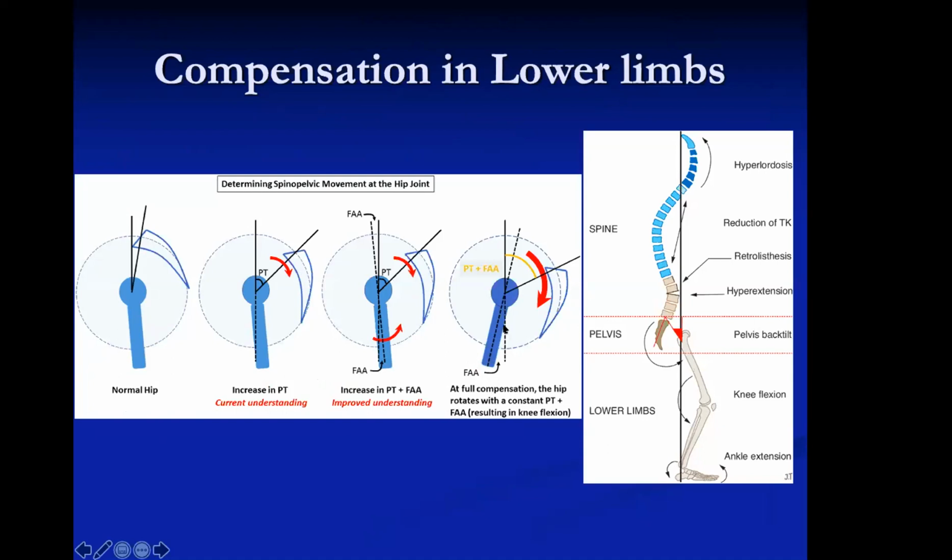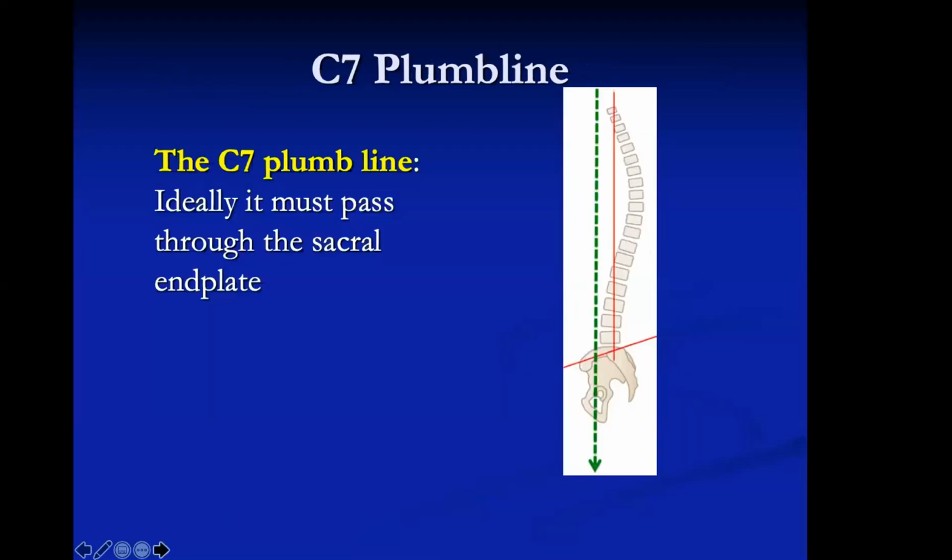So these are all compensatory mechanisms. For example, on the right picture here, there is lordosis and retrolisthesis occurring at the upper levels to maintain balance. There is verticalization of the pelvis. Once that limit is reached, the knee goes into flexion to maintain the center of balance. So this is the principle guiding the management.